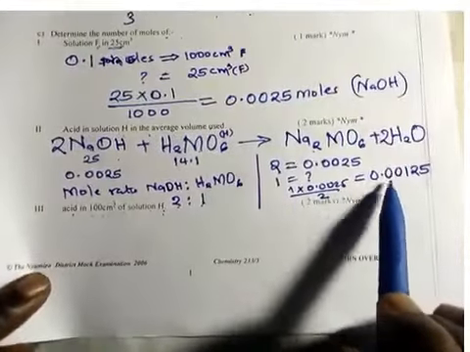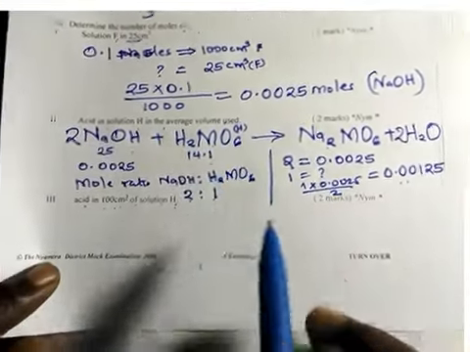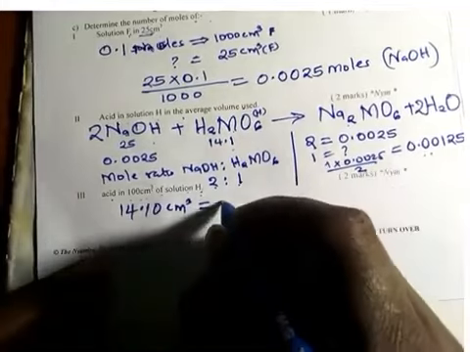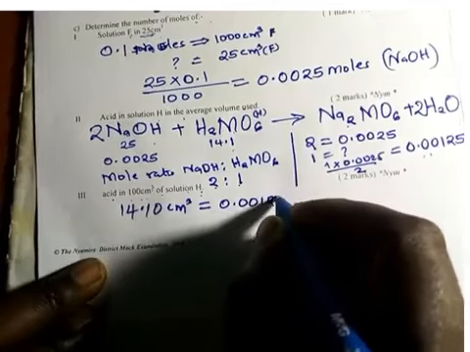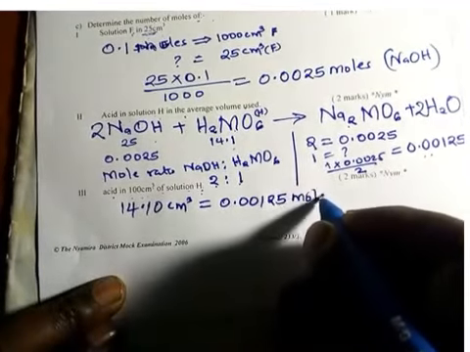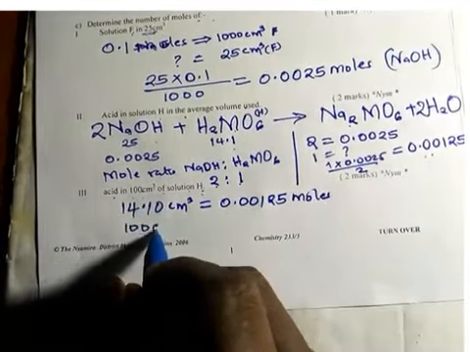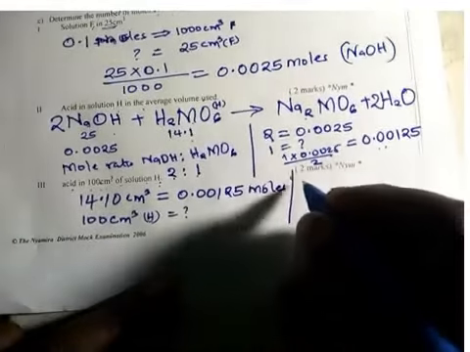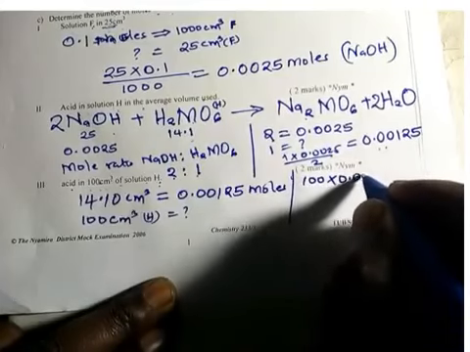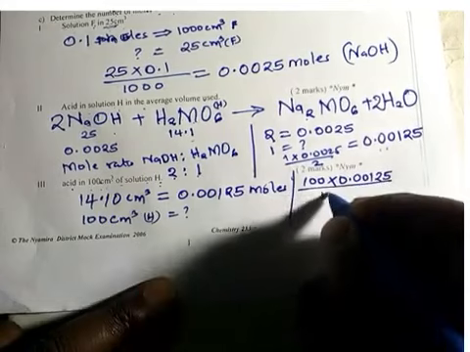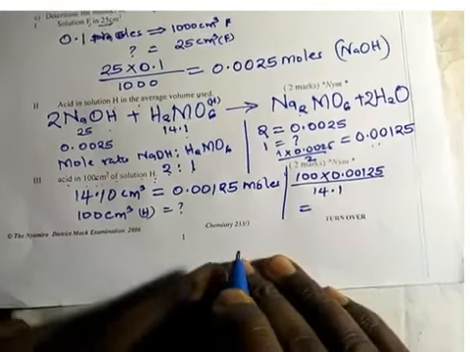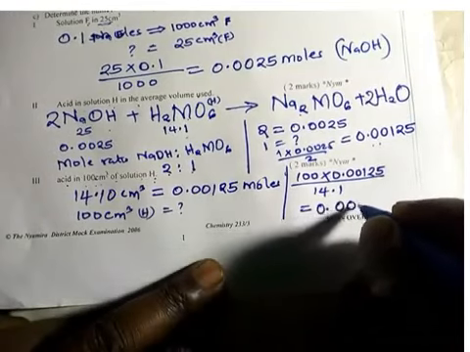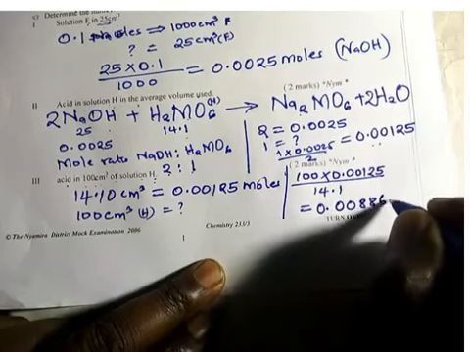So this is the moles of H in 14.10 cm³, which contains 0.00125 moles. We simply ask what would be in 100 cm³ of H. So we simply take 100 times 0.00125 and divide by 14.1. That gives us 0.00865 moles.